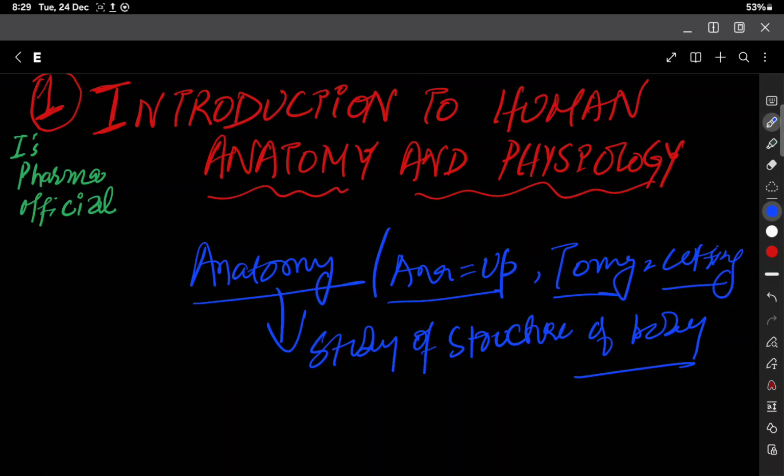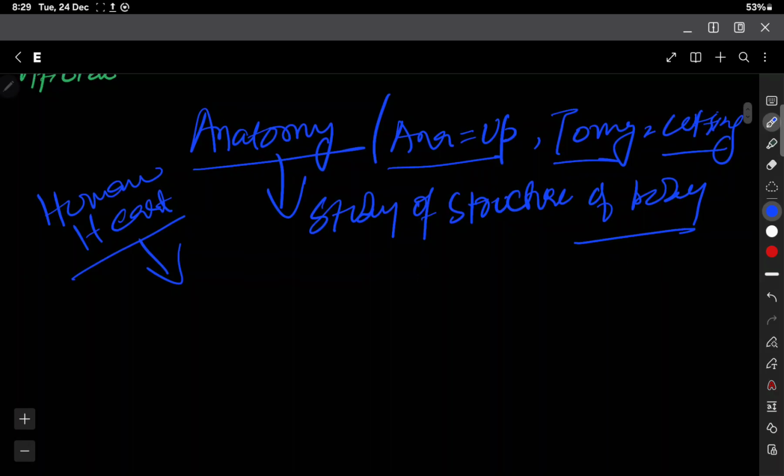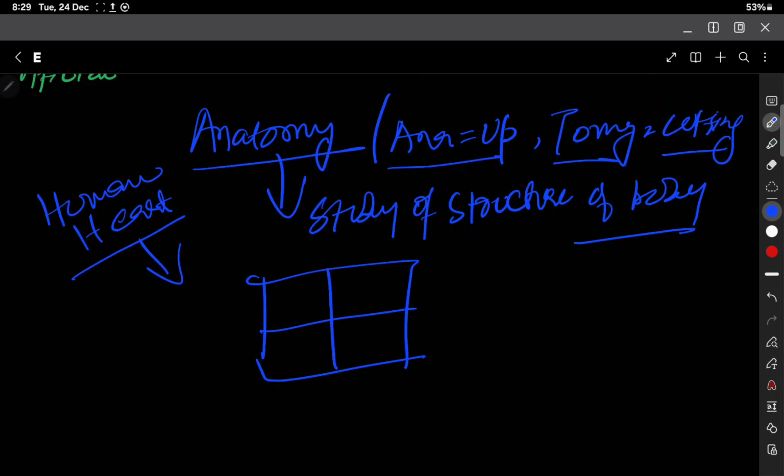So if we are studying about the structure of the body, that will be called anatomy. For example, if I take the example of the human heart, anatomy of the heart means we are studying the various structures present in the heart. For example, the heart has four compartments: left ventricle, right ventricle, left atrium, and right atrium.